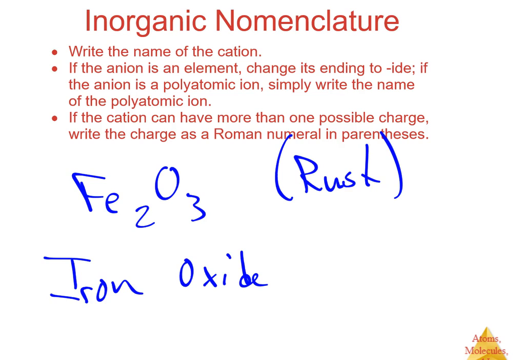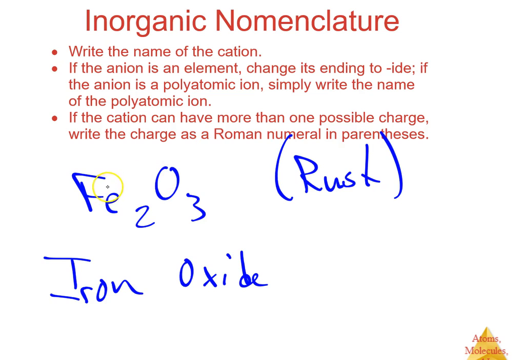It's not iron oxide. Because iron is a transition metal that can have more than one charge. So what we have to do, there's two ways to do this. One is easy and gets you the right answer 90% of the time. One's a little harder and gets you the right answer 100% of the time. Okay, so sort of your balance on how you want to do this. I'm going to show you the long way.